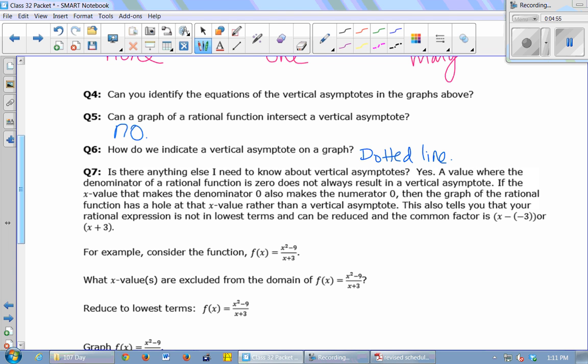If the x value that makes the denominator 0 also makes the numerator 0, then you actually just cancel those factors and you end up with a hole in the graph at that x value instead of a vertical asymptote. So this means that your rational expression wasn't in lowest terms and you can factor it and cancel.